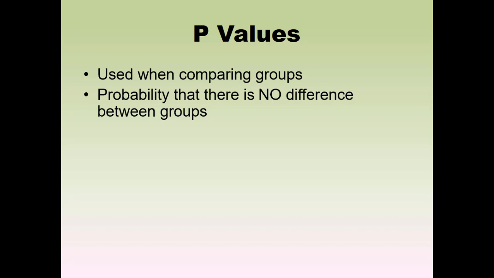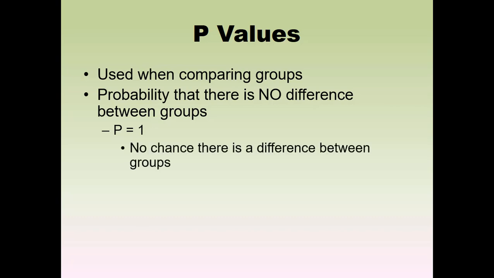And I realize this can be kind of confusing. This gets back to some of the basics of how we actually do science. We don't need to worry about that. These p-values will range between 0 and 1. So if the p-value is 1, if we present that as a percentage, that's 100%, that means there is absolutely no chance that there is a difference between the groups.